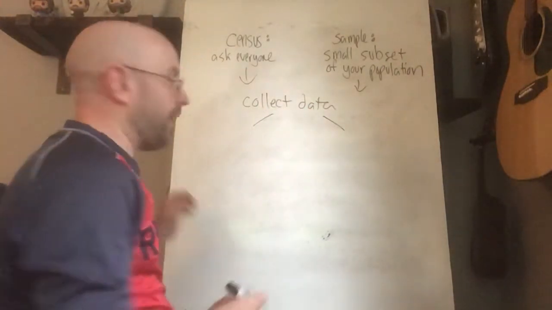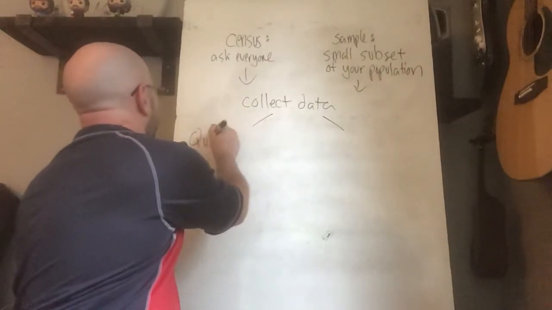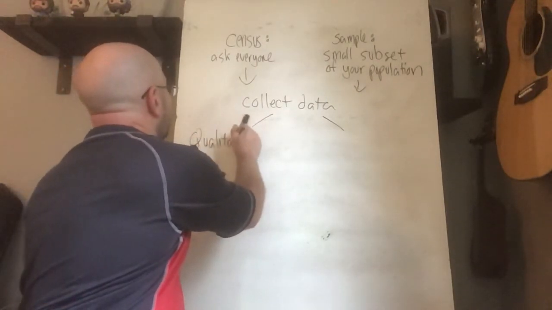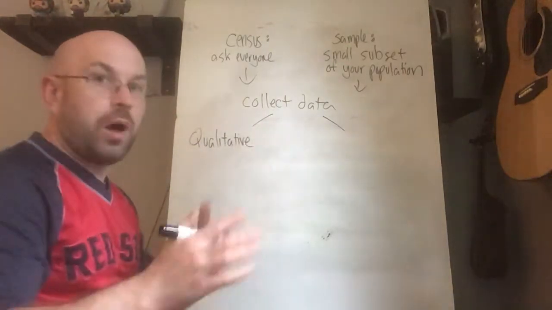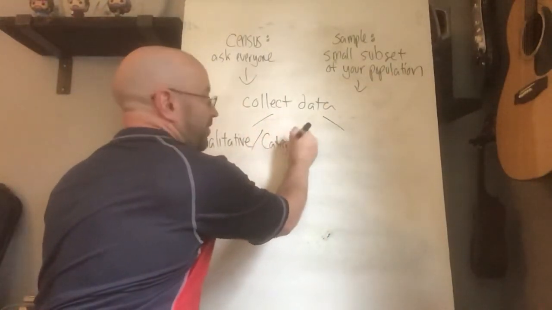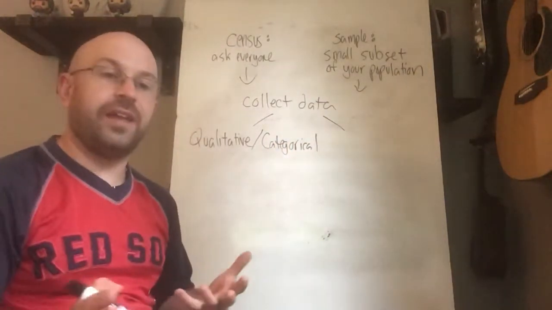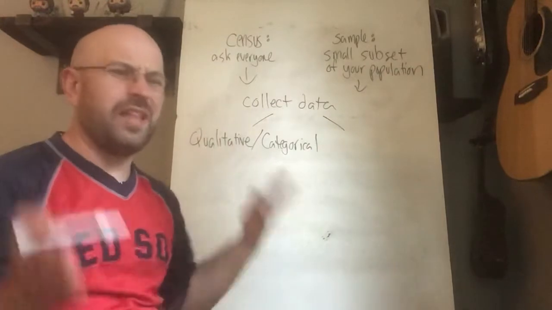Types of data you have. We're going to start out with one. And this is referred to by several terms here. Sometimes you'll see it called qualitative data, or the one I prefer, especially because it's easier to pronounce, is categorical. This is the type of data that you can't really record as a number, right?